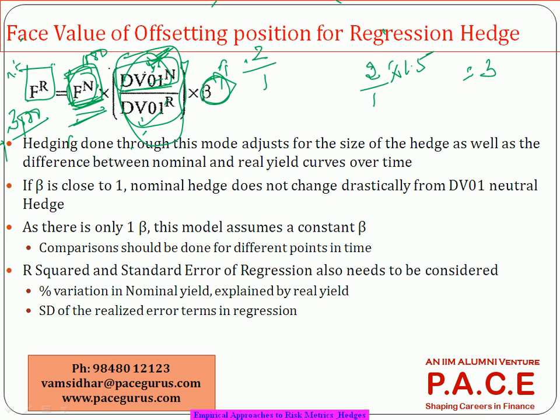And in this case, one thing is, this DV01 or beta or any of these things, we are computing at a point in time. Today, as of today, we are computing these kind of values. But what could very well happen is that values also could change over a period of time, right?